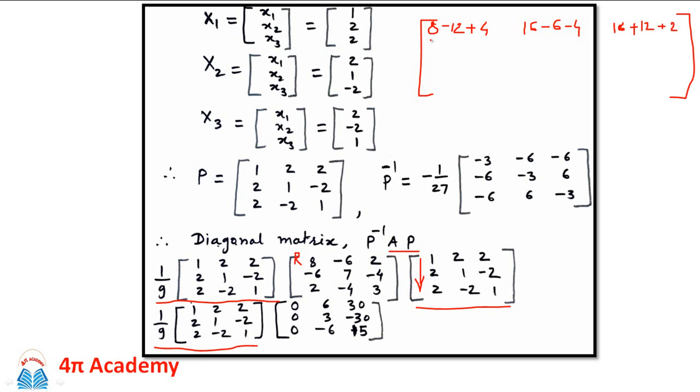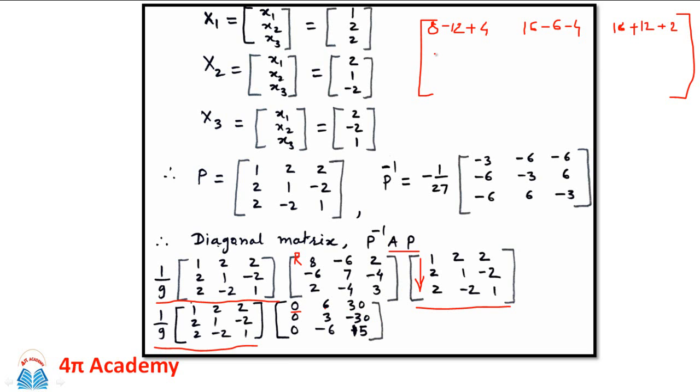So this element will be 8 minus 12, that is minus 4, plus 4, so that is 0. Then 16 minus 6 is 10, 10 minus 4 is 6. So this second element is 6. And 16 plus 12 plus 2, that is 14 plus 16, equal to 30.